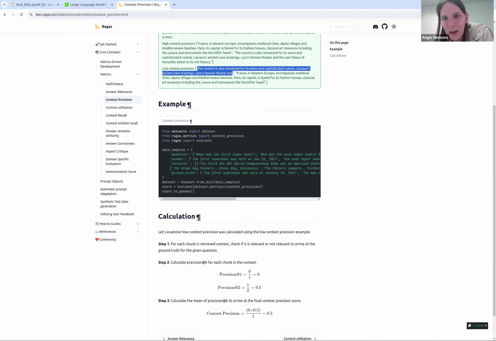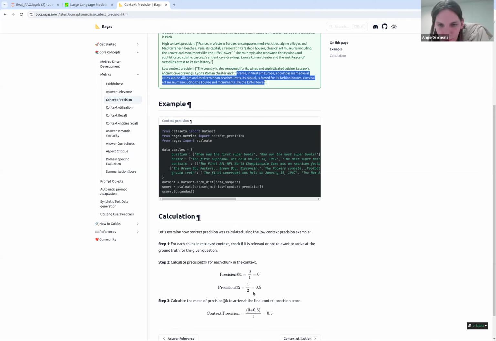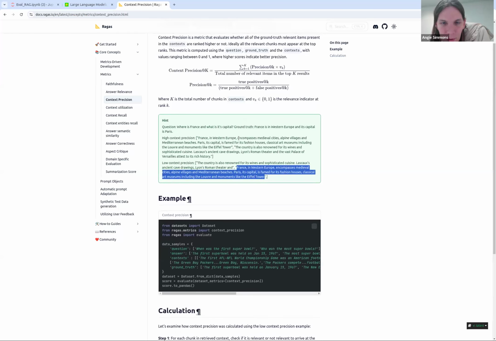And then when we consider the two most relevant parts of the context, it appeared in the true positives, false positives.